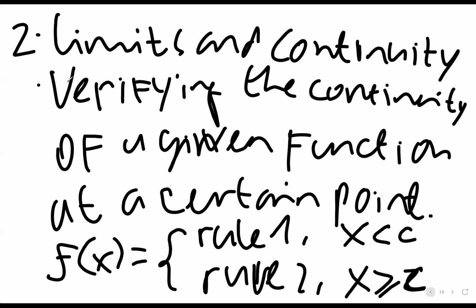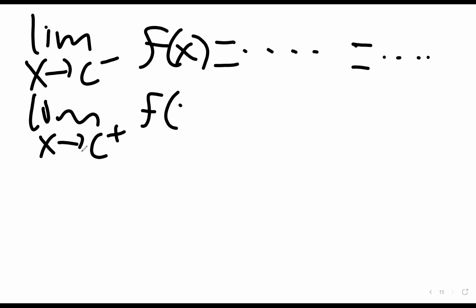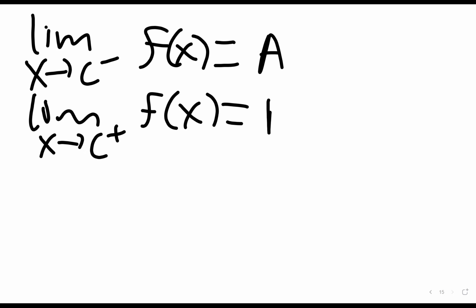Of course, you have to use rule 1 there: the limit as x tends to c from the left of rule 1. Then what is the answer? Then the limit as x tends to c from the right of f of x. Let's say the left-hand limit is a and the right-hand limit is b.